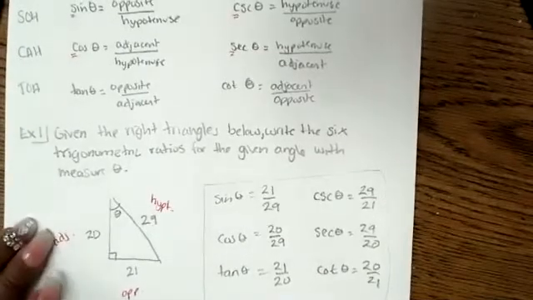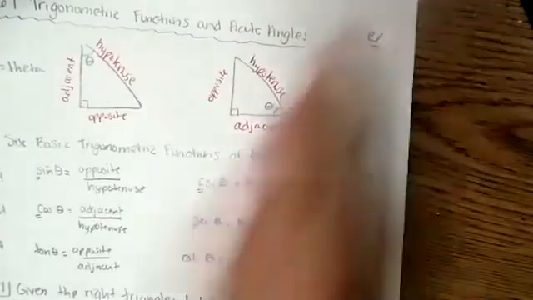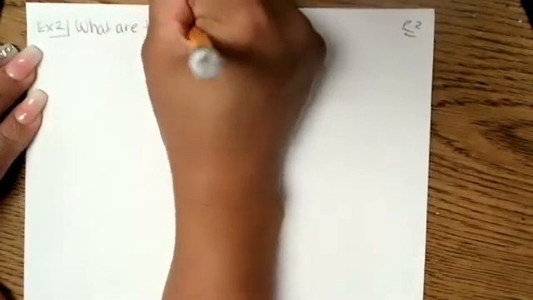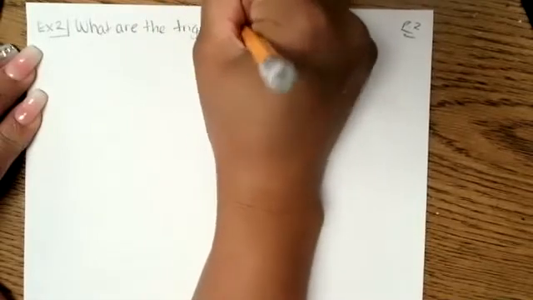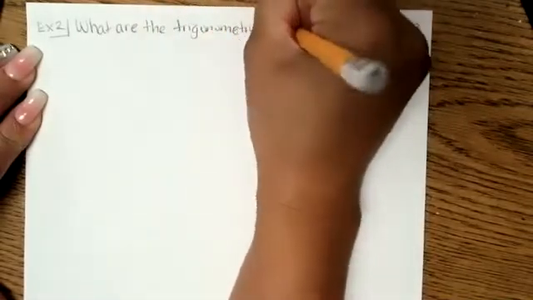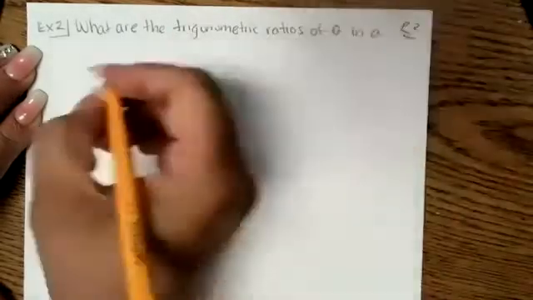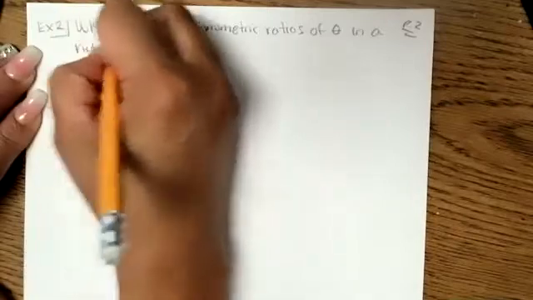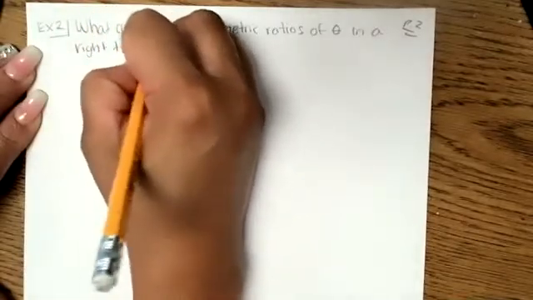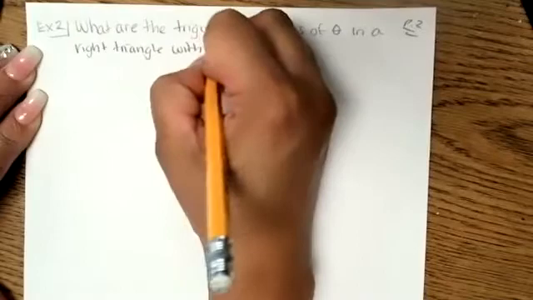Let's go on to example 2. What are the trigonometric ratios of theta in a right triangle with the given value?